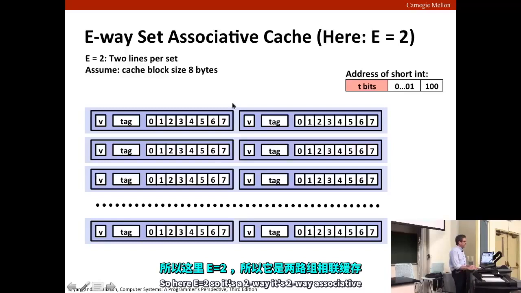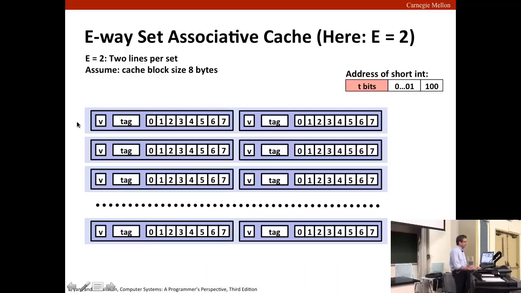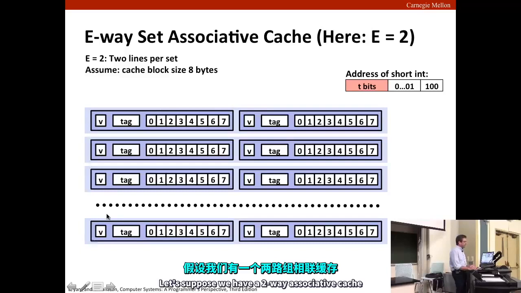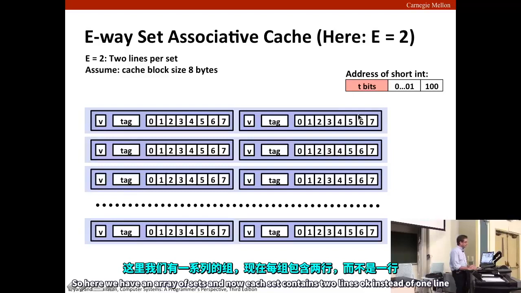Here E equals 2, so it's a two-way associative cache. So let's suppose we have a two-way associative cache. Here we have our array of sets, and now each set contains 2 lines instead of 1 line.